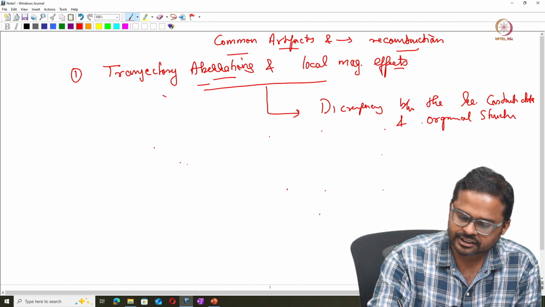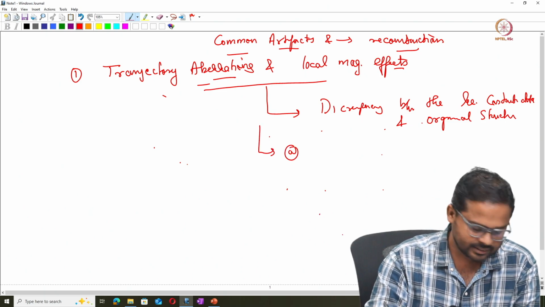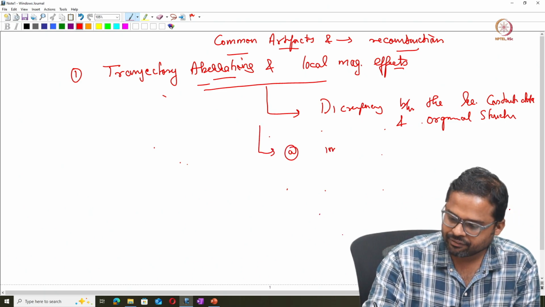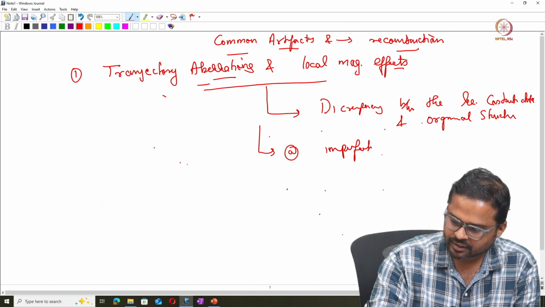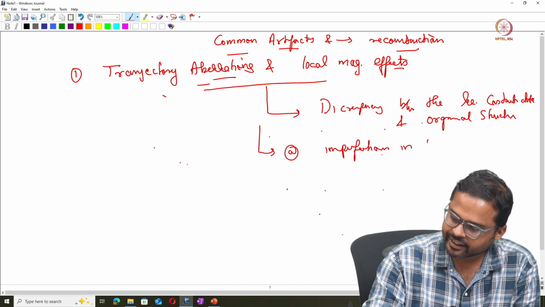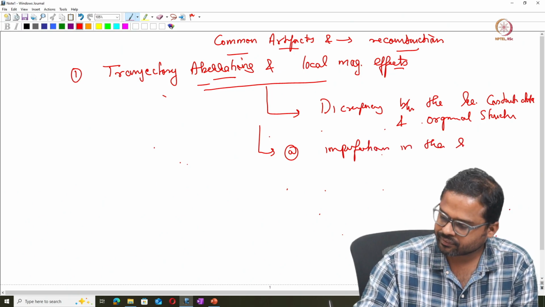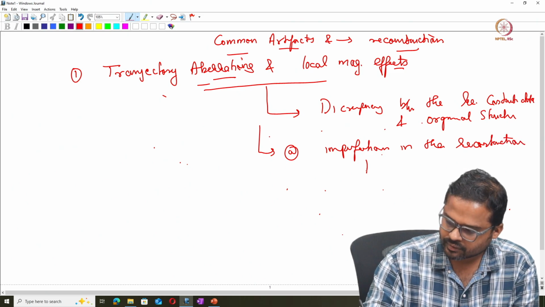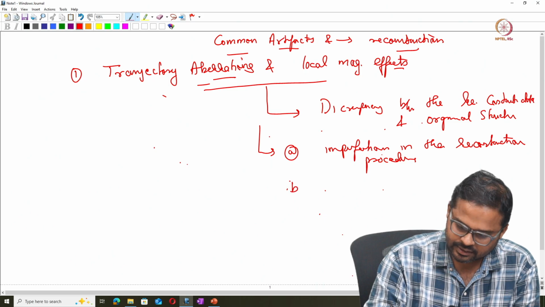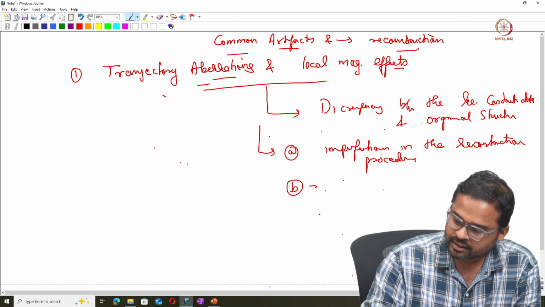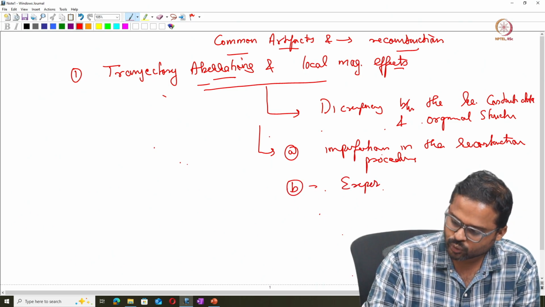Okay, so this is induced by two factors. One is the imperfections in the reconstruction procedure, and another factor is the experimental effects during the experiment.